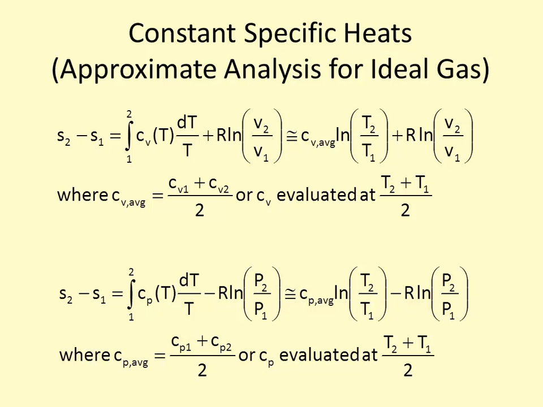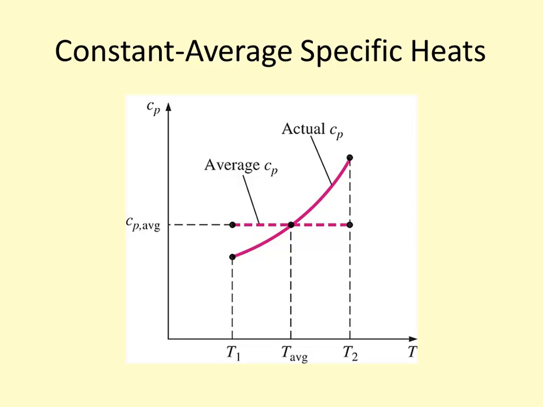If you don't have volume information, but you have pressure information, then you can use the second Gibbs equation. So there's two different versions of the same idea. They're just in terms of different property values. So depending on what you can measure or what is given to you in the problem statement, or in real life, what you have available in terms of information, you might use one versus the other.